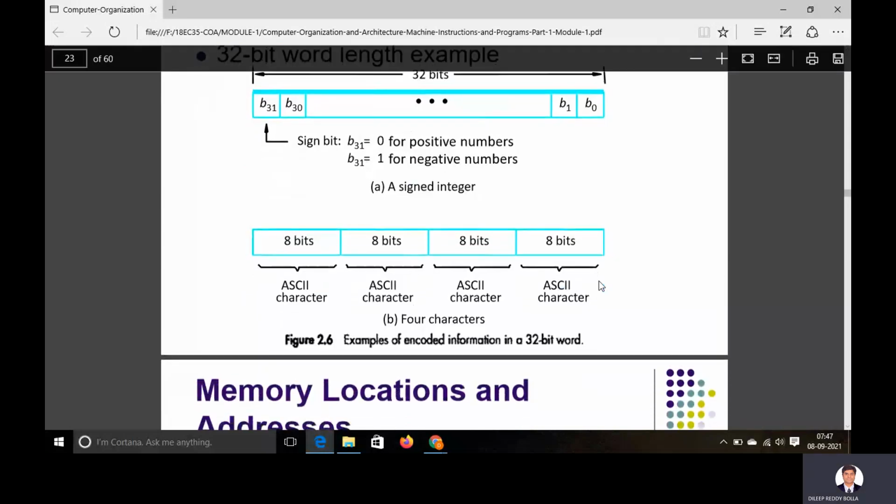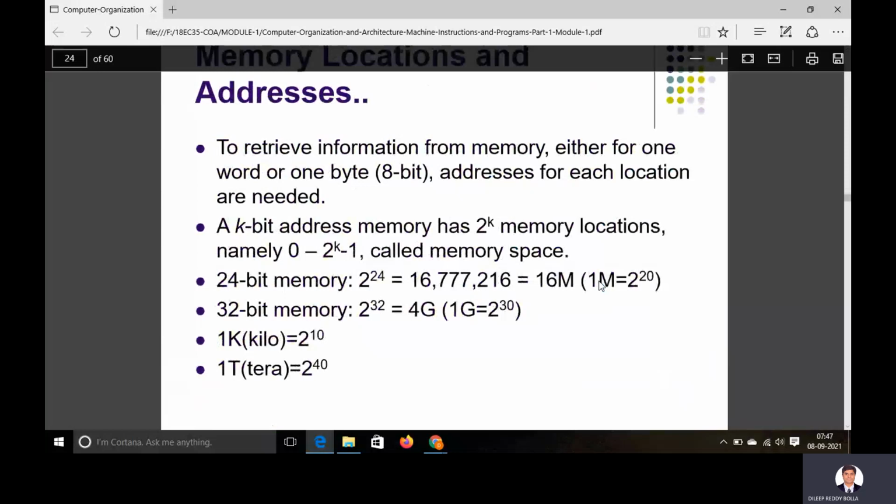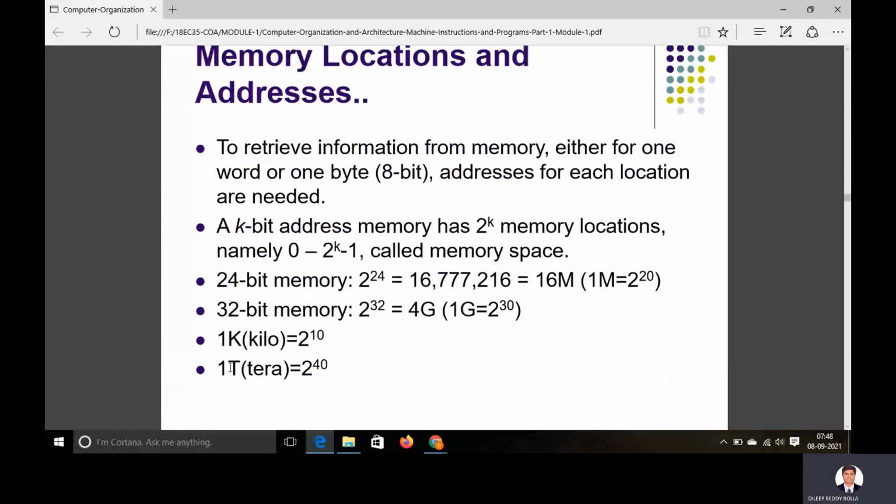As we have seen in the initial stage of the class, 1K will give you 2 power 10. And we all have nowadays 1 terabyte of hard disk, which means 2 power 40. So the address lines required to access this 1 terabyte of hard disk is 2 power 40. Whereas if you want to address 1 kilobyte, 2 power 10 address lines is good enough. What about 16? If 2 power 16 address lines are required, we can have 64K.